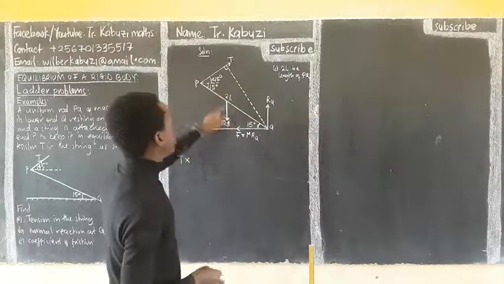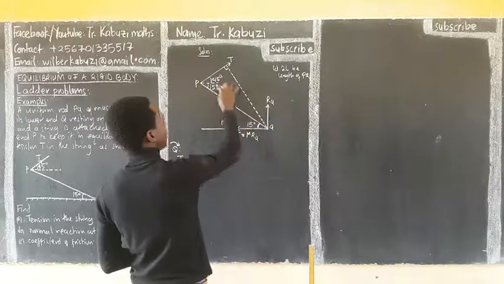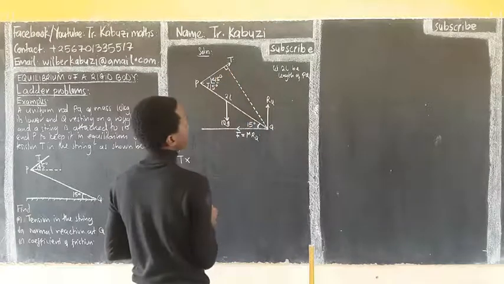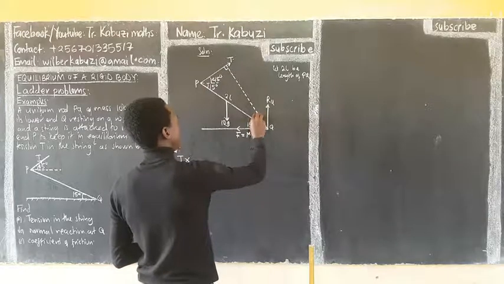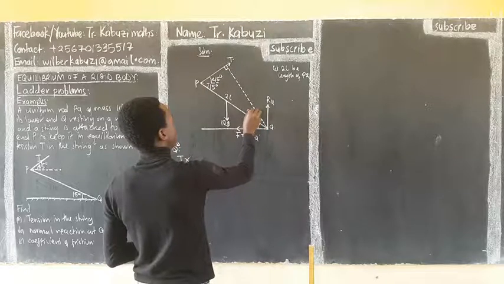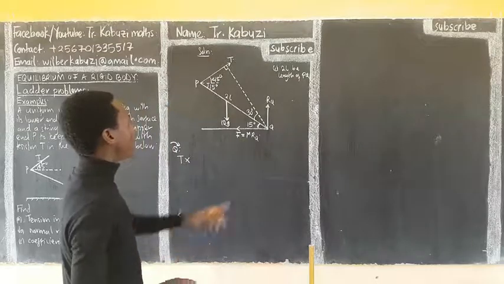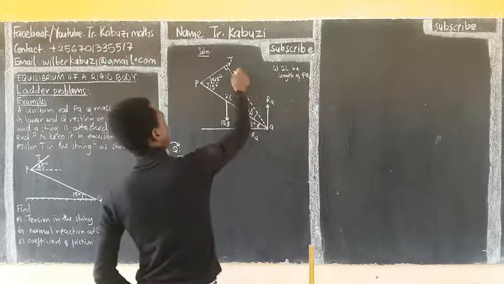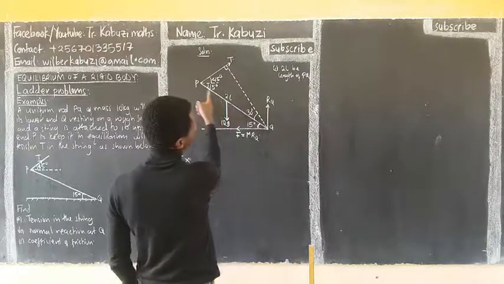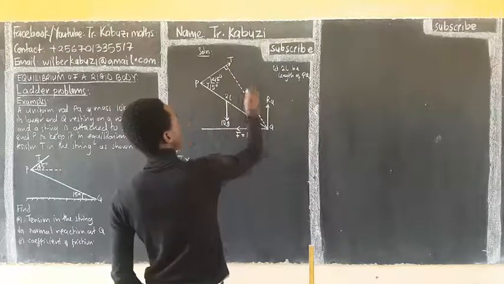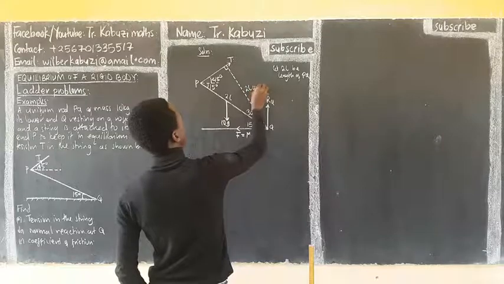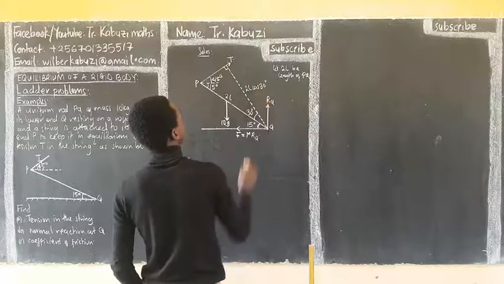If I have 15, I can get this. The whole of this angle is 60, and this is 90, so the balance here is going to be 30 degrees. If this is 30 degrees, I can get this because I have the hypotenuse and I need the adjacent, so this one is going to be 2L cos 30 degrees.